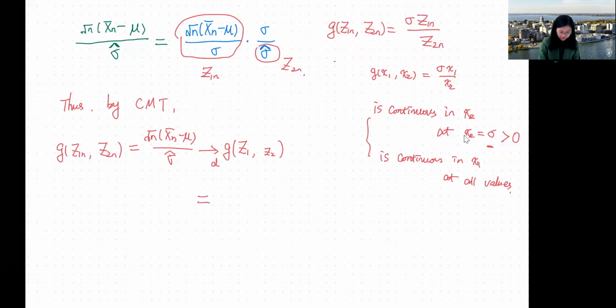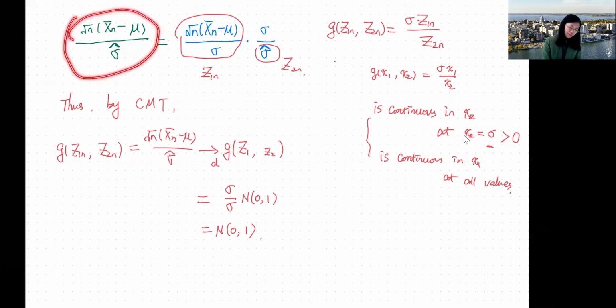So that equals sigma divided by sigma times a standard normal. That is a standard normal random variable. So by the continuous mapping theorem, this quantity with the estimated standard deviation is still asymptotically standard normal. Replacing the unknown sigma by its estimator doesn't affect our calculation of the confidence interval.